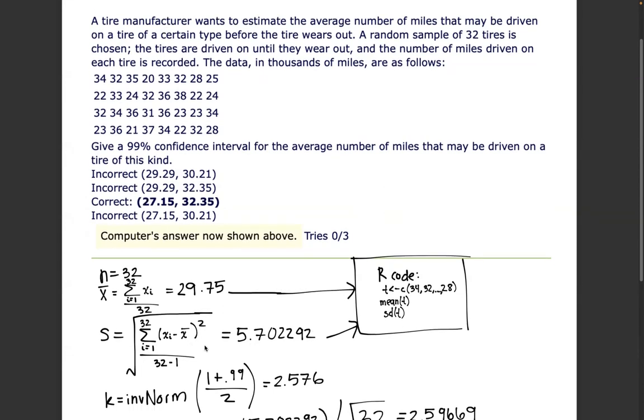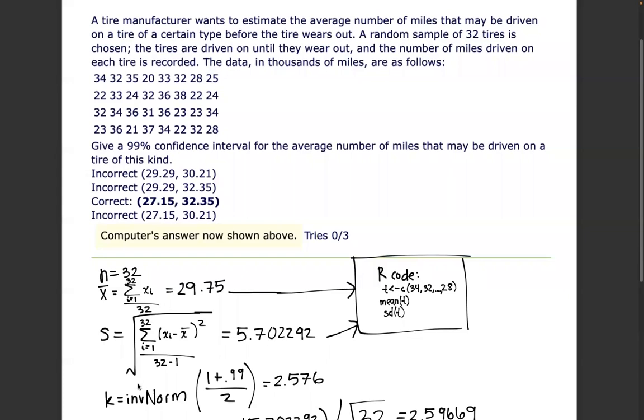I did the same thing for standard deviation, which is the function SD, and put T here. Or you could do it brute force: the sum of your xi's minus X bar squared, divided by our sample size minus 1. So our sample standard deviation is 5.702292.